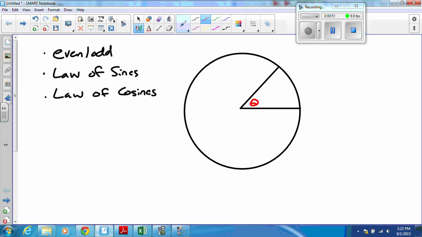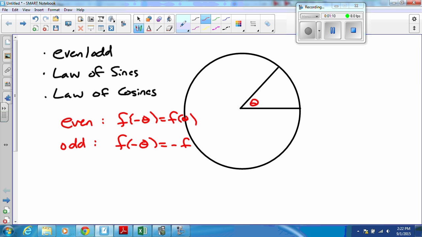Recall that a function is even if it satisfies f of negative theta is the same as f of theta for all theta. And a function is considered odd if f of negative theta equals the opposite of f of theta for all theta.